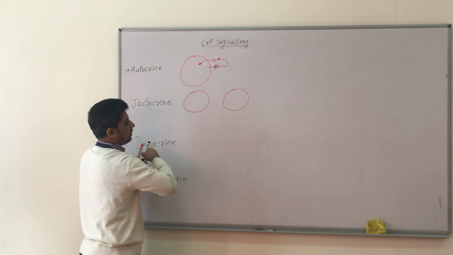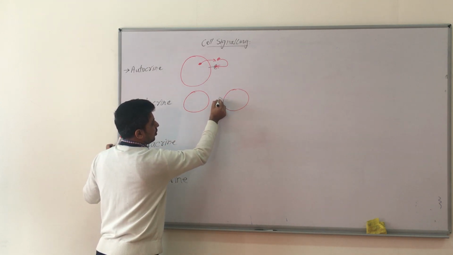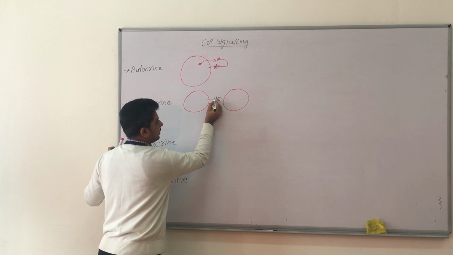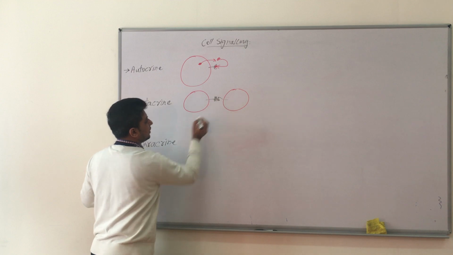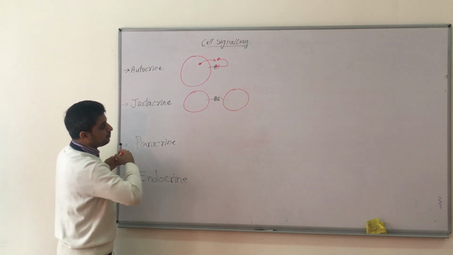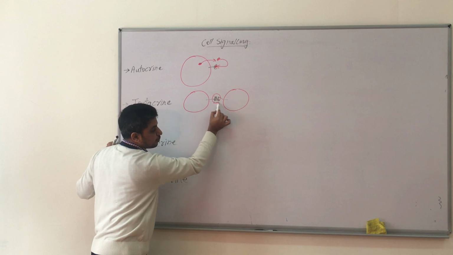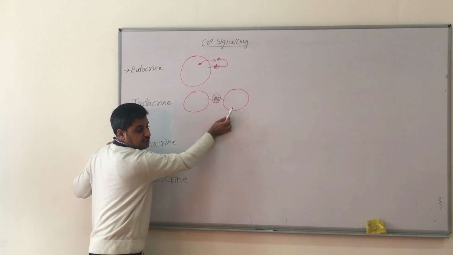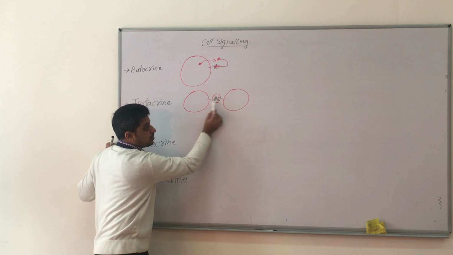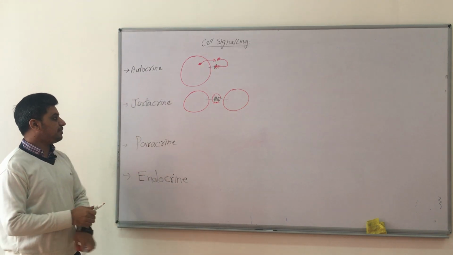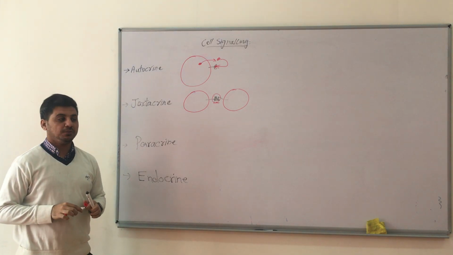Here is the receptor of the first cell and here is the receptor of the other cell. Both of these cells are connected to each other at this point and they communicate with each other through this connection. Such communication is named juxtacrine communication.